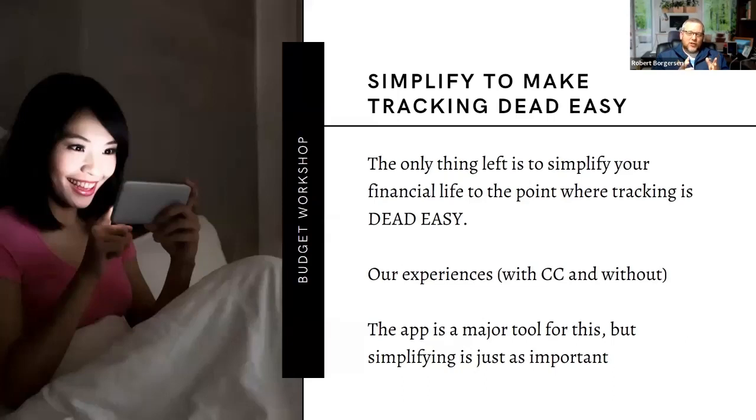Now, for me, what this looked like was the credit cards. That was just 2 different accounts I had to look at. My debit account, because I had stuff that was coming out of there on auto payment, right? So I had to check my debit account and my credit card account. And so I'd be going back and forth between the 2 apps, and I could never find a nice way of tracking those, not to mention how do I track the actual payment from the debit card to the credit card?